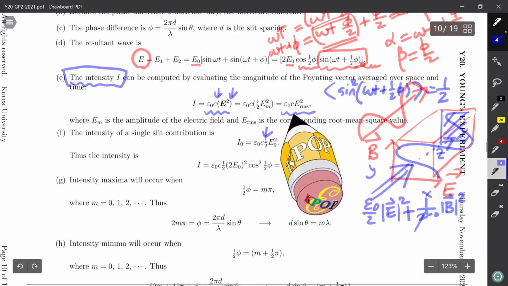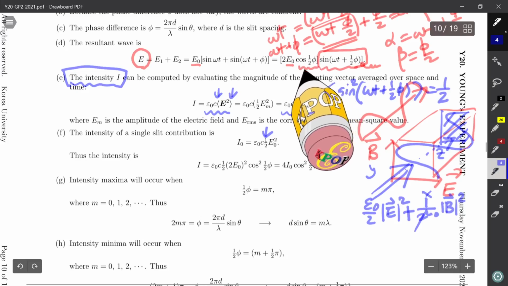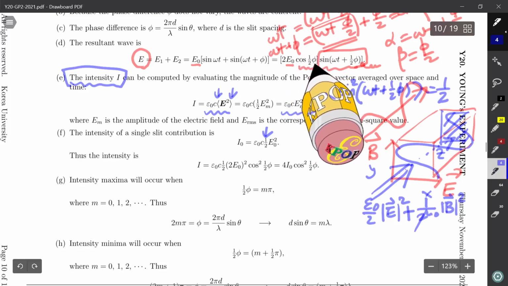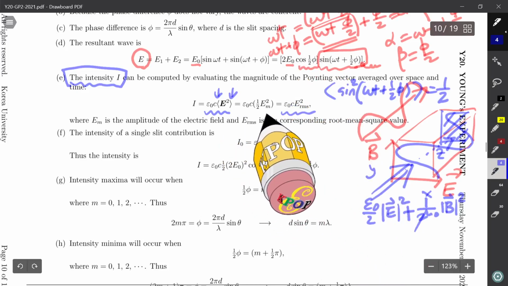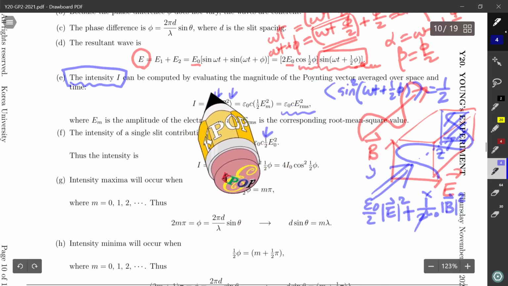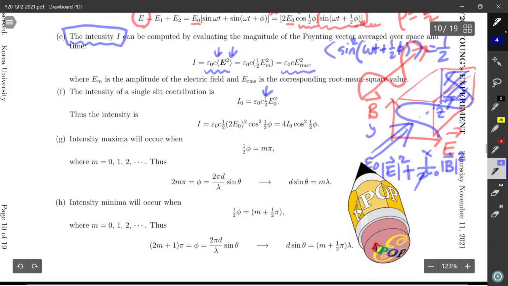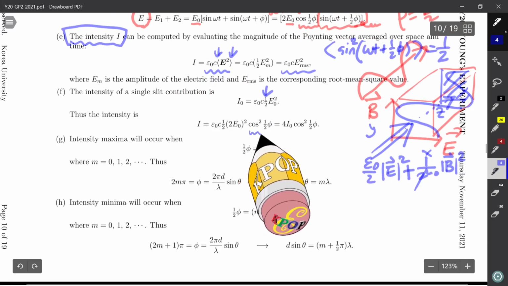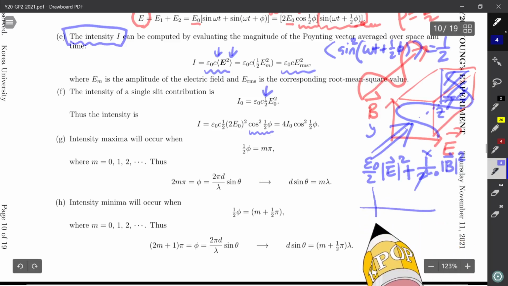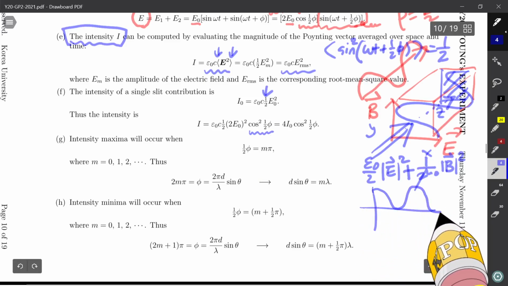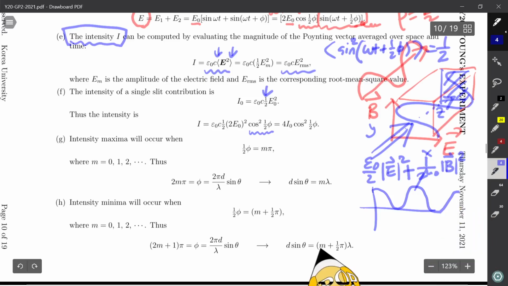And here, this amplitude contains the phase-dependent part, that is 1/2 cosine 1/2 phi, at the amplitude level, but at the intensity level, we have cosine squared 1/2 phi. This is something like that, and this is cosine squared.